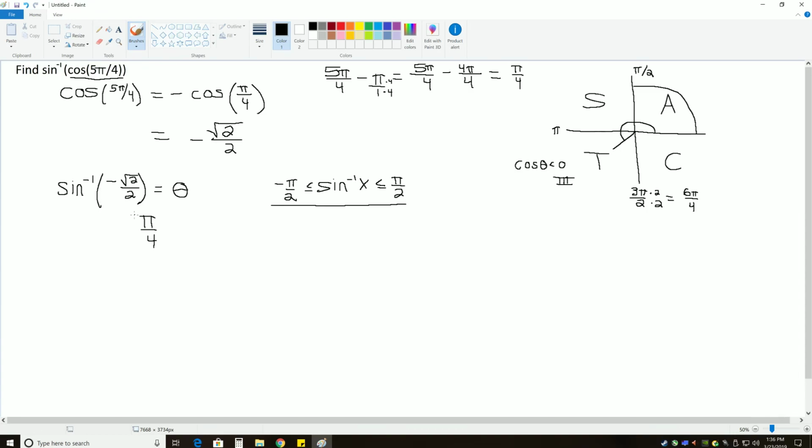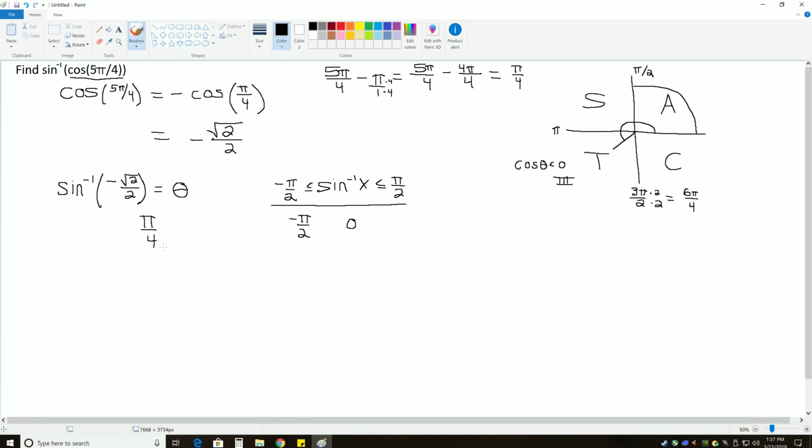So, if we plugged pi over 4 into sine, we would get just the positive square root of 2 over 2. We don't want that though, we want the negative square root of 2 over 2, which means we need the negative angle. The value between negative pi over 2 and 0 that gives us a negative sine value.